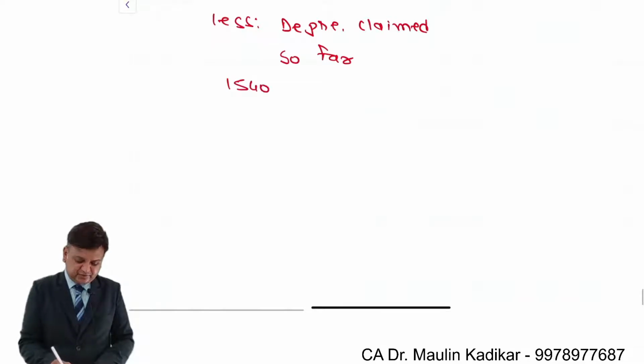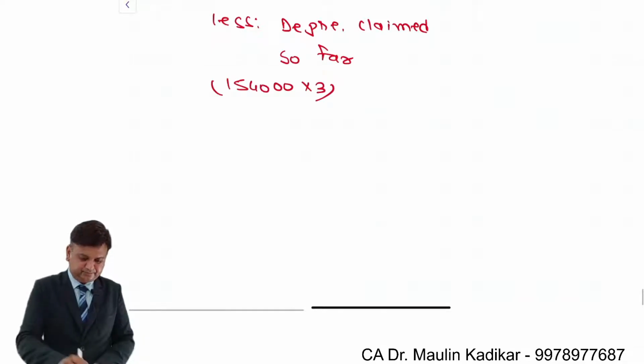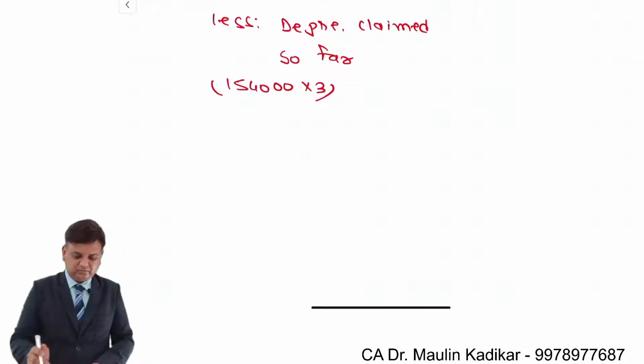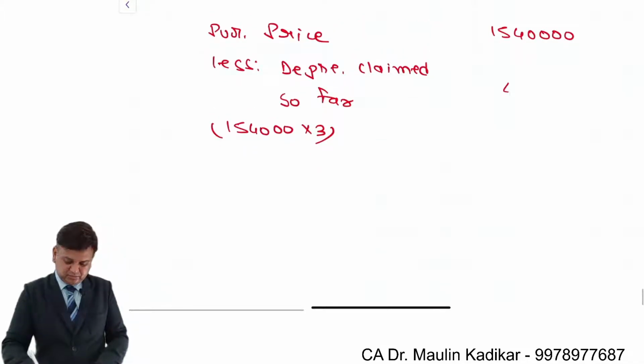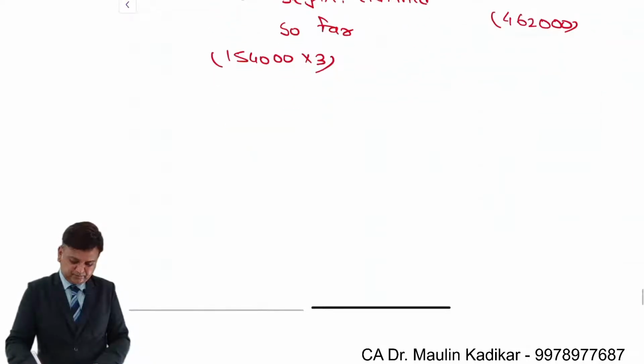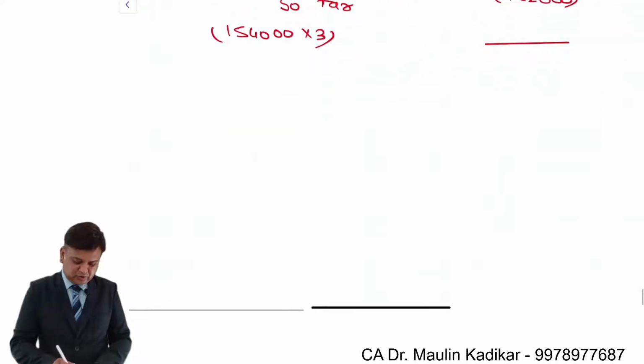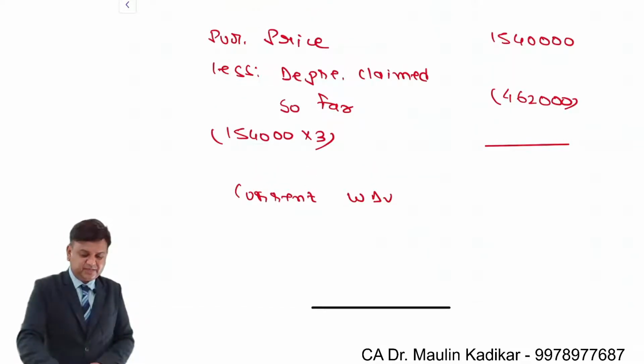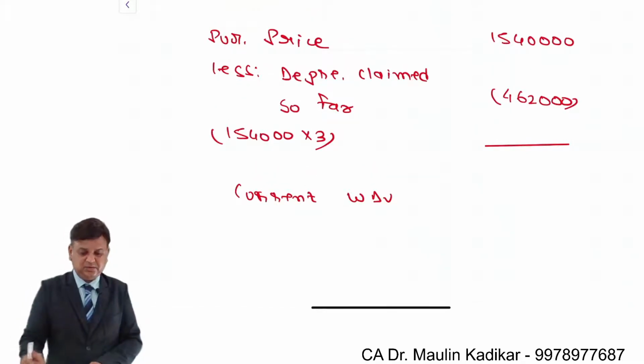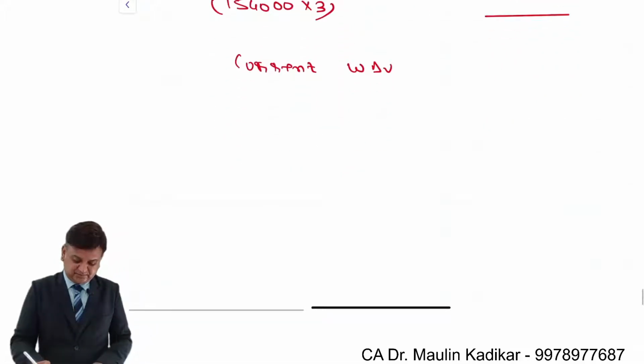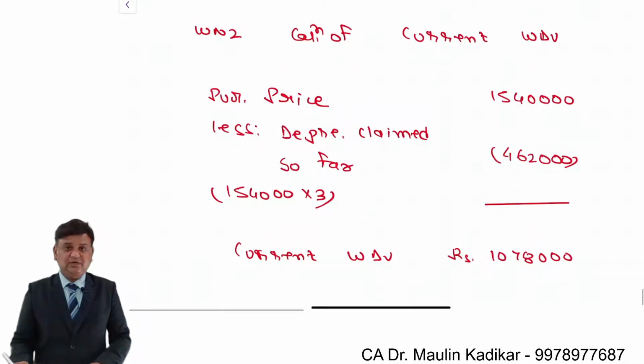It is 1,54,000 into 3, which is 4,62,000. So for the current WDV, 4,62,000 is subtracted from 15,40,000. So it is 10,78,000. That is the current WDV of existing machinery.